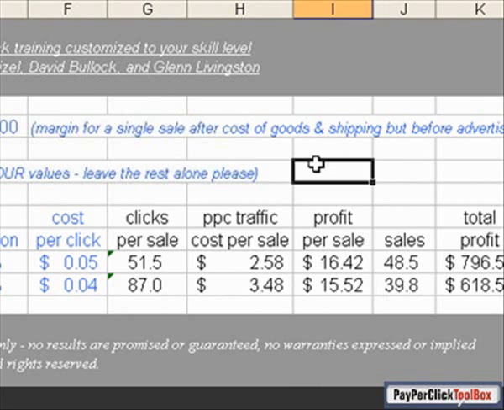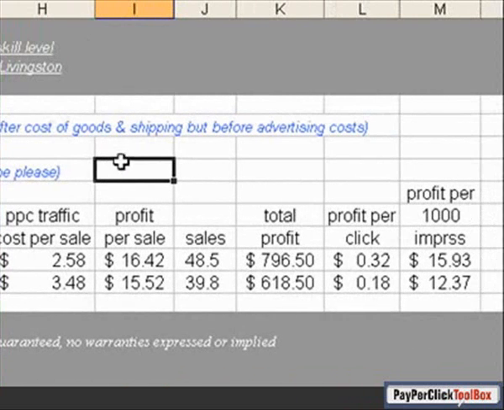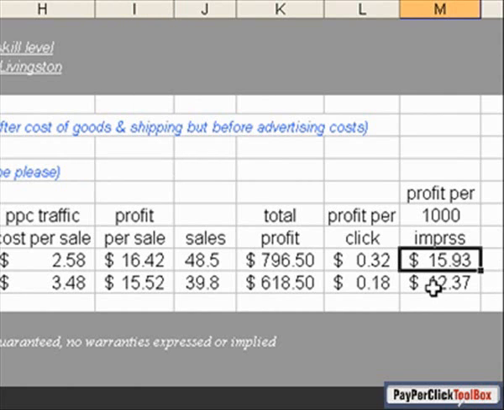So you might be thinking this is a little more work. It is a little more work, but let's say you're in a market and you've got 1 million impressions a month. Well, if you're making an extra $3 on every 1,000 impressions, then you're going to make an extra $3,000 a month, right?